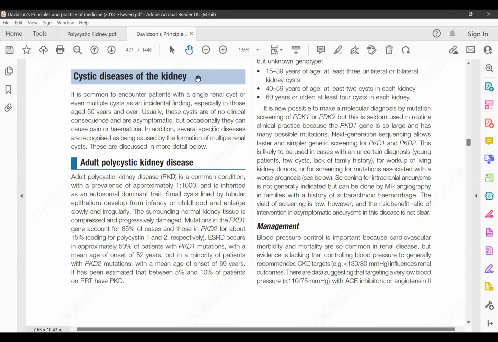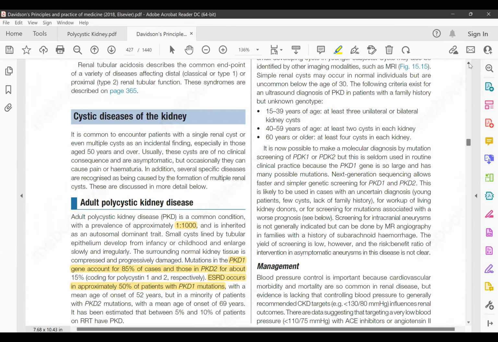More importantly, you have to pick up that it is very common, as much as 1 in 1,000. And then there are 2 types of inheritances, PKD1 and PKD2. You have said that ESRD occurs more frequently in PKD1 rather than PKD2. That is important. And then the classification, you have said how many cysts you should have. That also we have discussed.